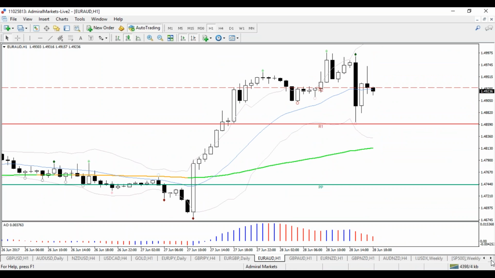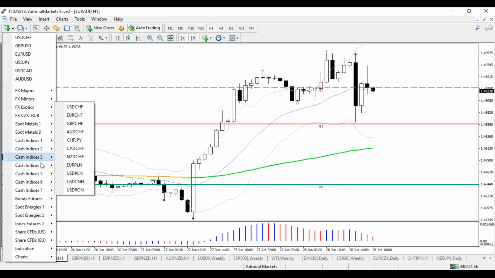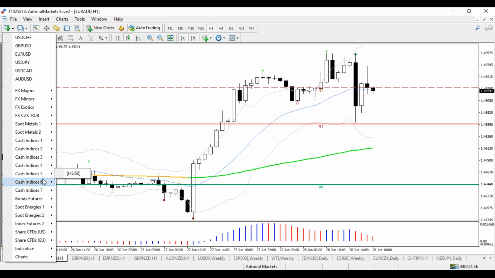Let's take a look at the odd yen. I think we have it ready. No, that's the New Zealand yen. One second. Can't find it at the moment.